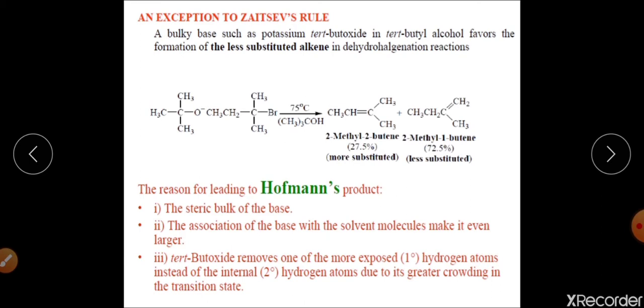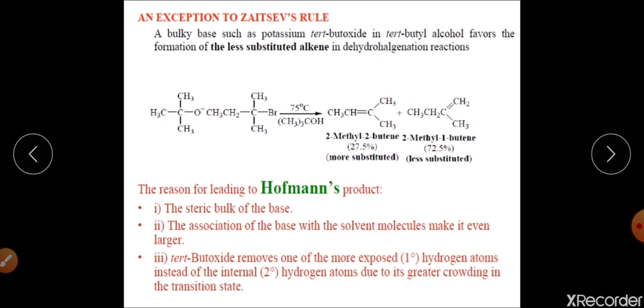Third condition: steric hindrance at the beta carbon atom, right? Steric hindrance at the beta carbon atom means if the beta carbon to the eliminating group has steric hindrance, elimination will follow the Hofmann path, not the Saytzeff path.